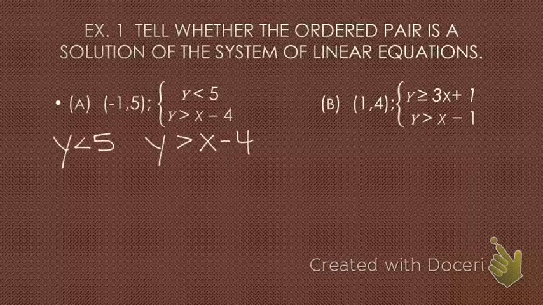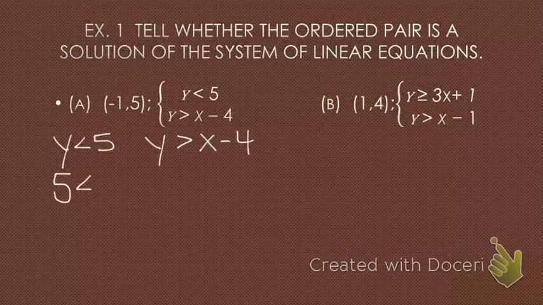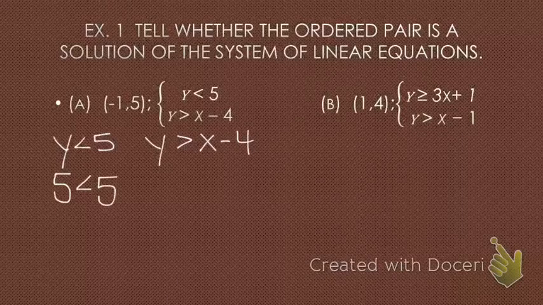Now, what is the y value in the given ordered pair that we're supposed to plug in here? 5. So we plug in 5, and we bring down is less than 5. Now, is that a true statement? Is 5 less than 5? No, so we're going to cross that little symbol out. And do we need to go any further? Is there any reason for us to plug the ordered pair into the second inequality? Yes or no?